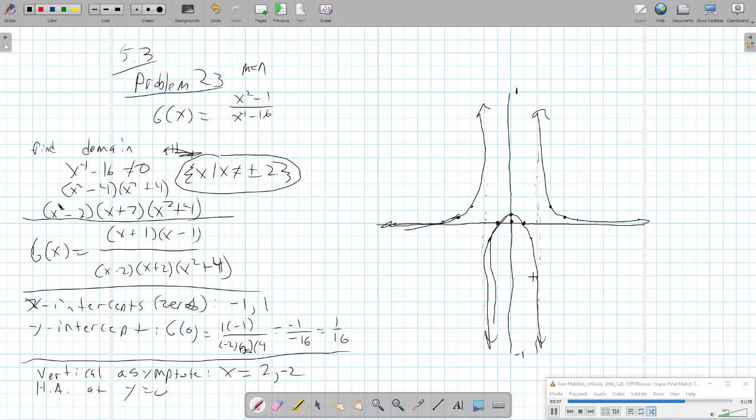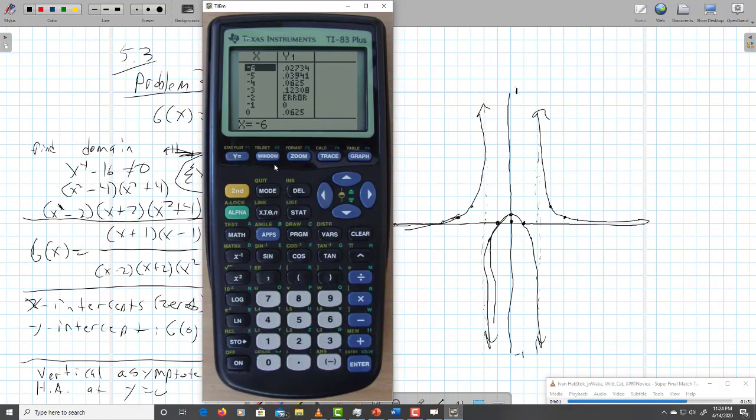Alright, so there's a rough look at what it looks like. Using the same window I have there, I have -10 to 10 on my x's, but my y's I just made -1 to 1. So let's see how that looks on this thing. Yeah, more or less. The 83 has trouble dealing with asymptotes, so it tries to connect the ends, but you can kind of tell the look of it.